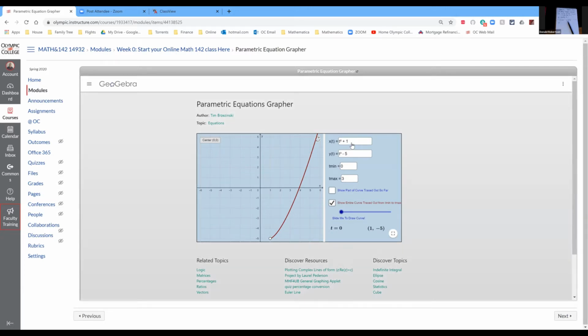Since I'm up here, maybe I could make it do something a little bit cleverer. I don't know if that'll make it any better or any worse. Nope, it's still a pretty boring curve.